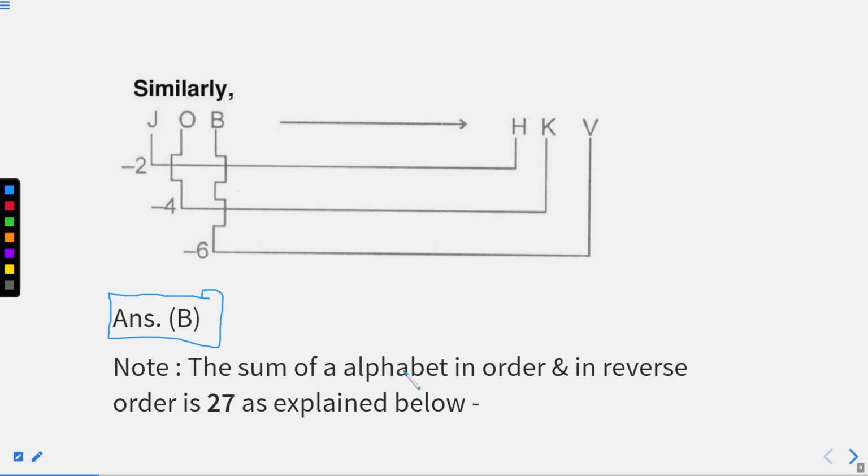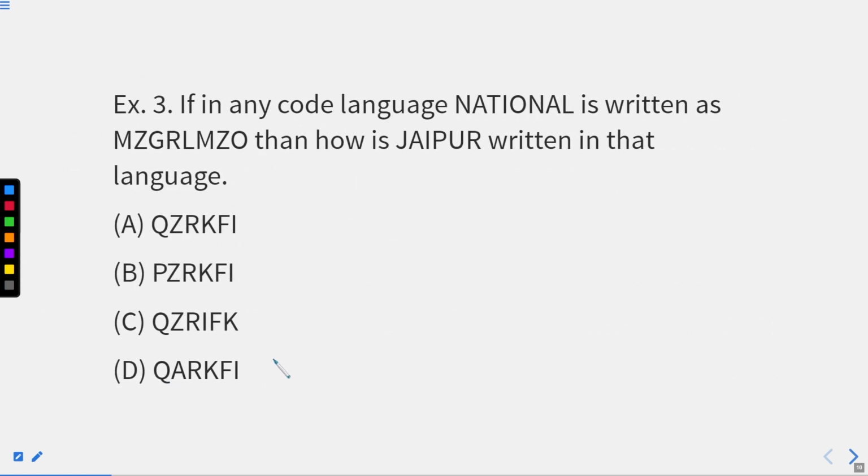The sum of alphabet in order or in reverse is 27, as explained below. Okay. Now you can see this. We have a question. As I mentioned, everything we are going to learn with the help of a question.